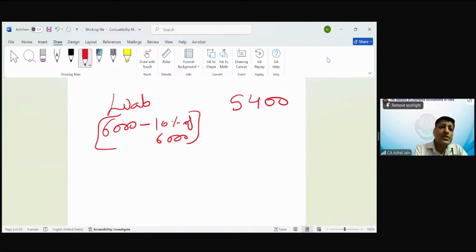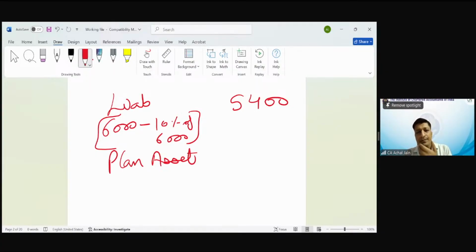One was the plan asset. Do you reduce the plan asset from the liability while presenting in the balance sheet? How do you present liability? Net of assets. That's the requirement. Remember DBO? This liability is nothing but the DBO, the defined benefit obligation.